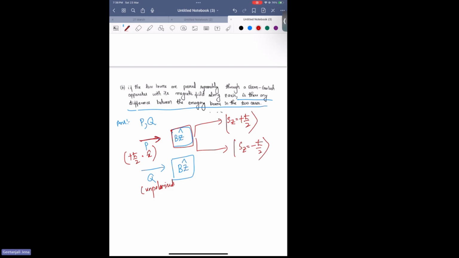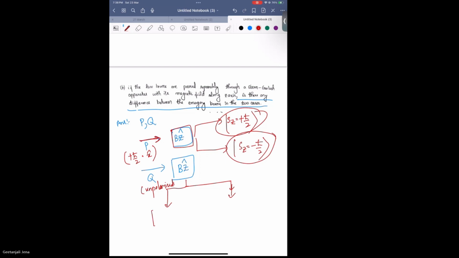Because Sx and Sz are incompatible, you will get two beams. Now, if we pass beam Q, which has no specific direction, through this same Stern-Gerlach apparatus, then you will see the same result, right? Because it will give two eigenvalues.